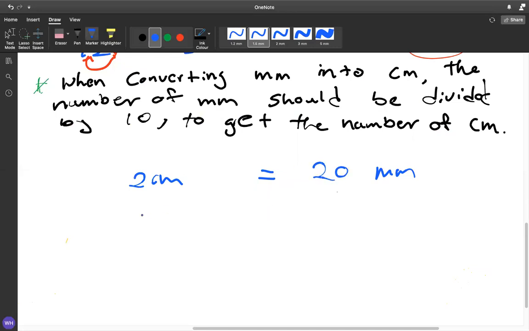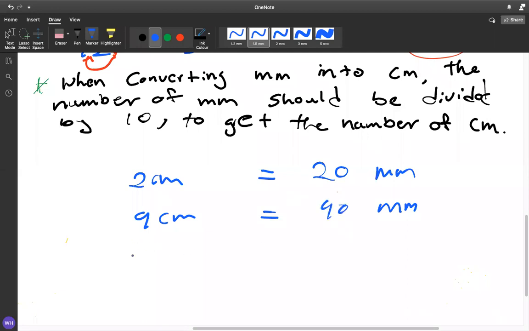Good. And if you have 9 centimeters, Nikini, how many millimeters do you have? Kaduru, don't shout. Nikini, what is the number of millimeters for 9 centimeters? 90 millimeters. Good.